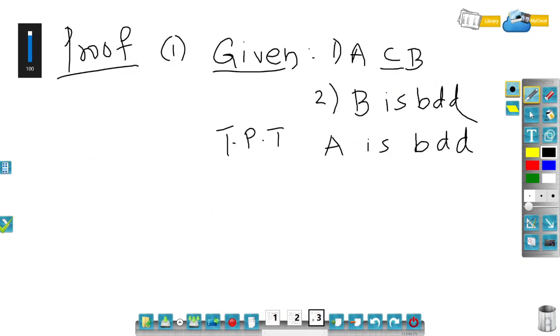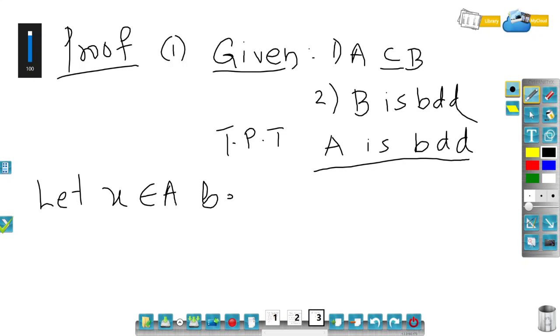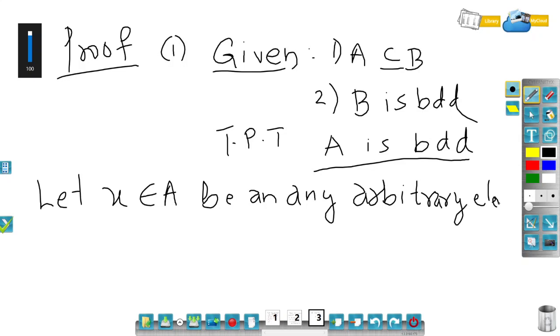So the idea is, to prove that A is bounded, take any arbitrary element from the set A. So let x belonging to A be an arbitrary element.